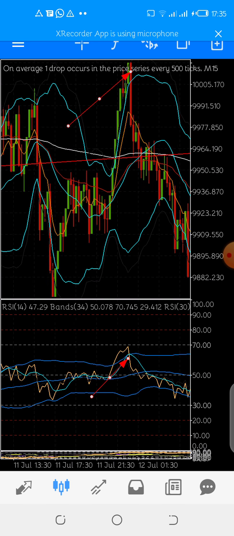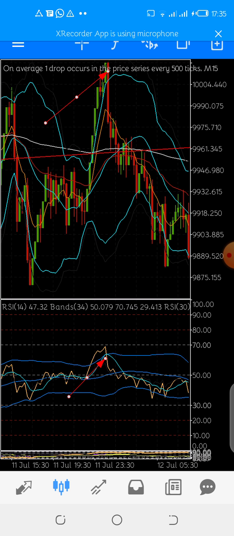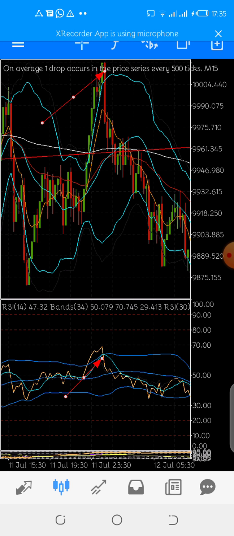Okay, so you could have caught it very well where the arrow is pointing and come with it down up to here. Okay, as it is going back into the band again, that is where you are supposed to exit.